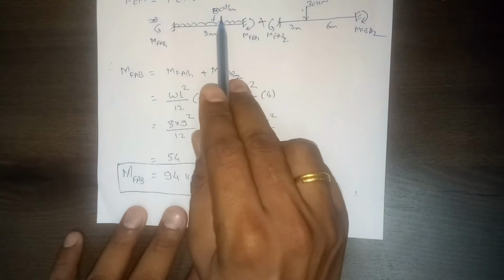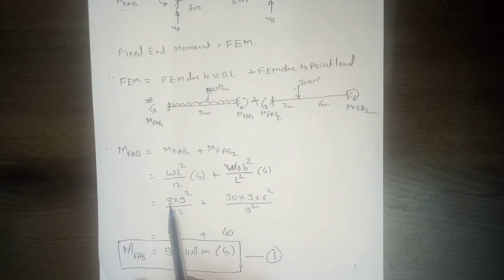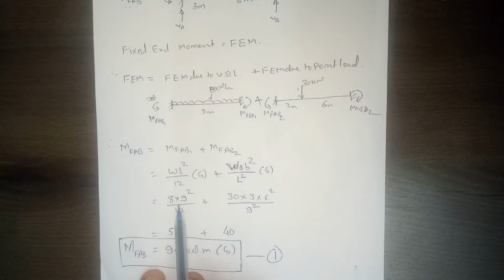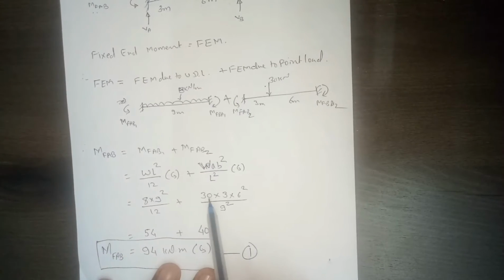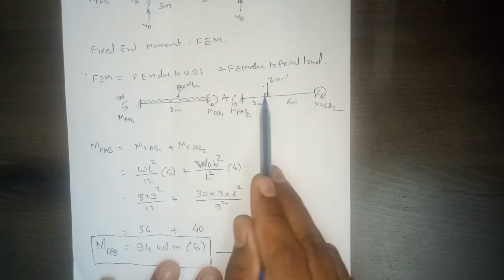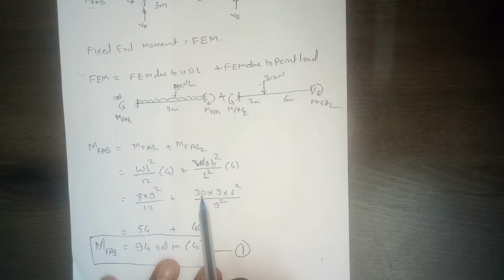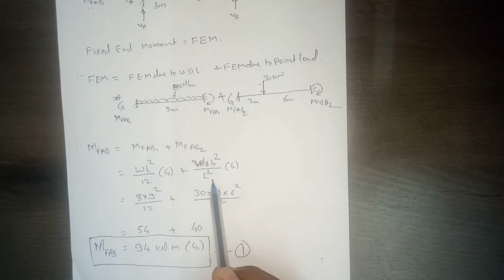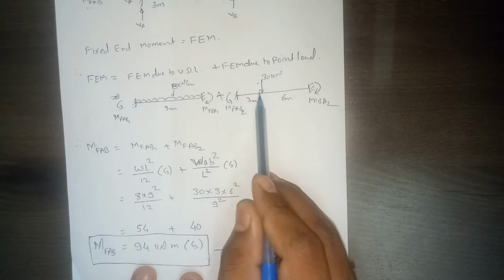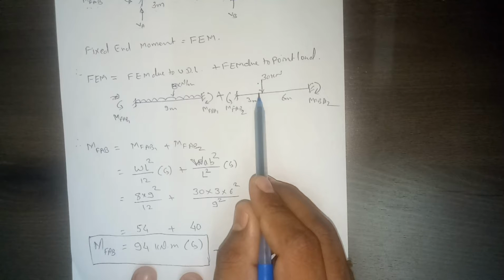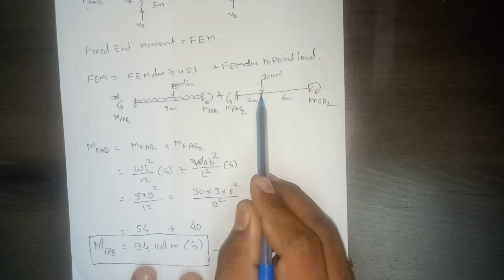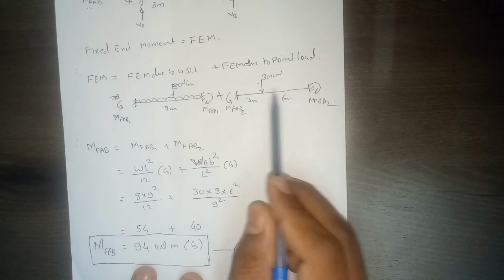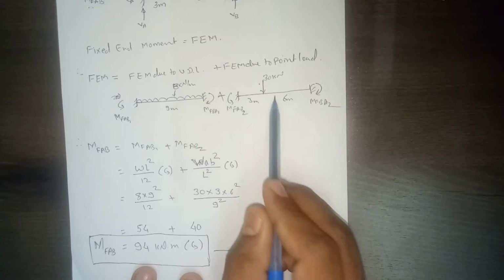Here W is the intensity of UDL, which is 8, and L is the total span, 9 meter. So 8 times L square divided by 12, plus, for the concentrated load W, which is 30, A is the distance of the point load from the left support, which is 3 meter, and B is the distance of the point load from the right hand support, which is 6.